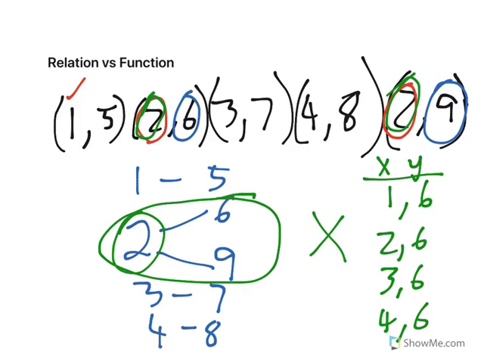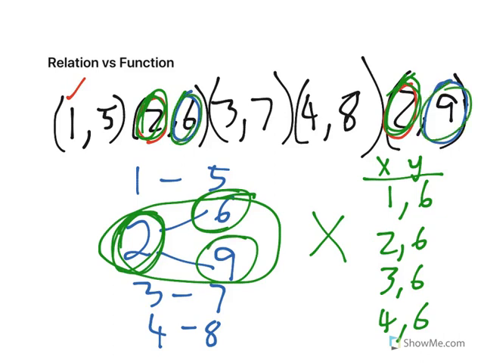For any given value of x, there can only be one value of y. But we see for this value of x here, it has two values of y, 6 and 9, which will show up here and here. That means it is not a function. And that's the difference between a relation and a function.